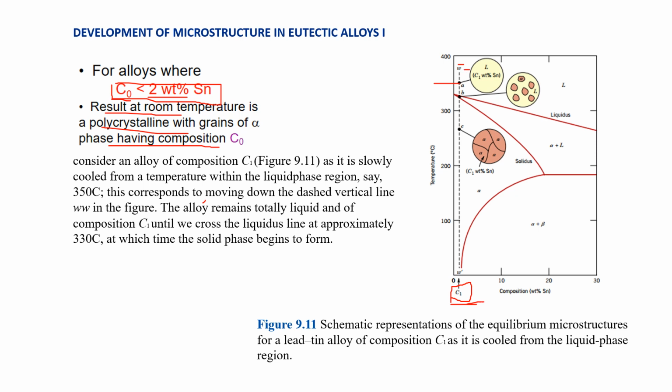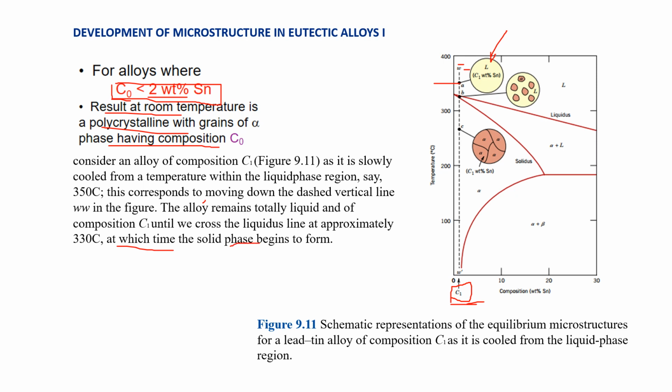The alloy remains totally liquid at composition C1, so the microstructure is totally liquid at this point.